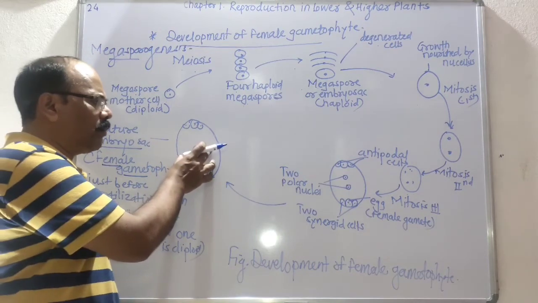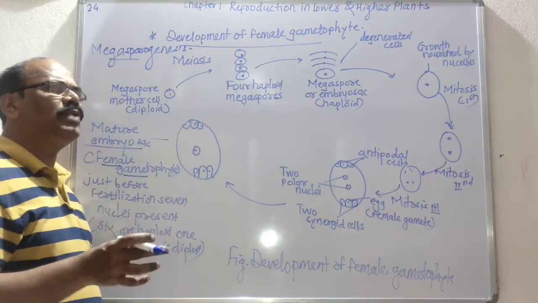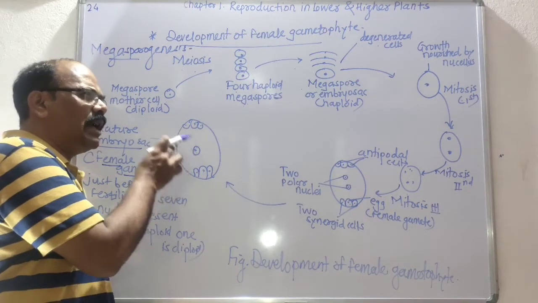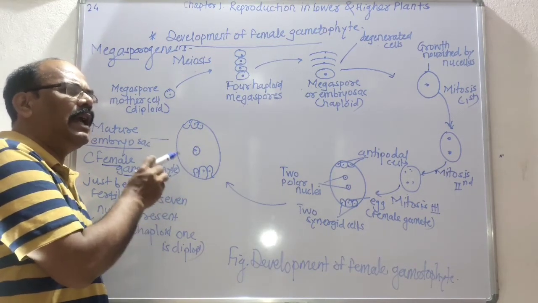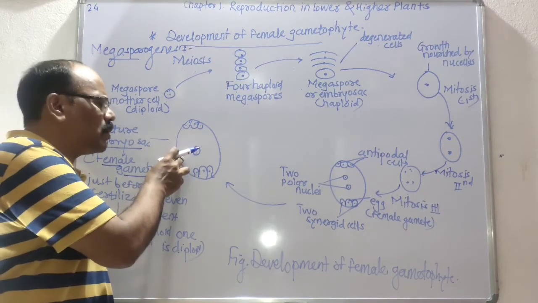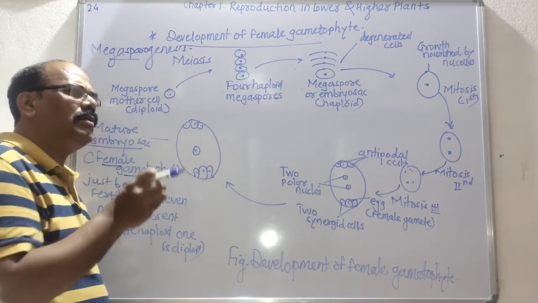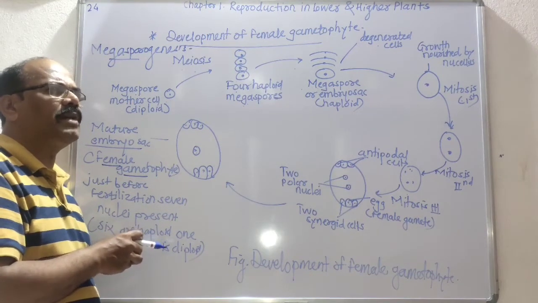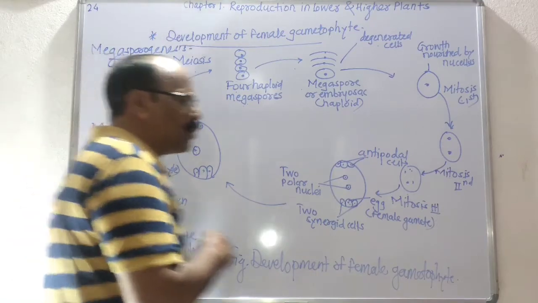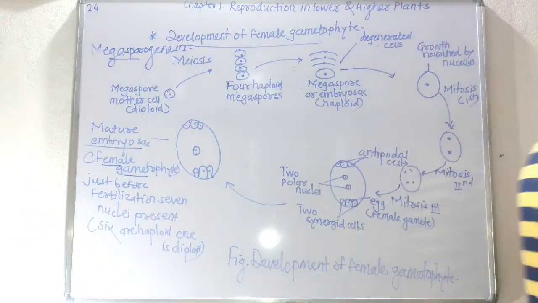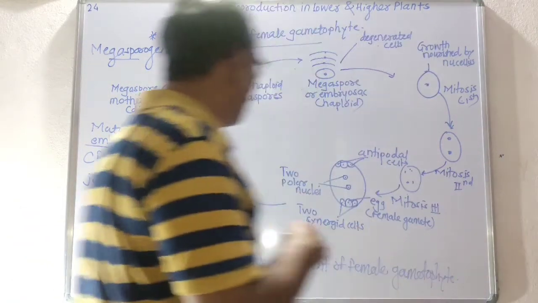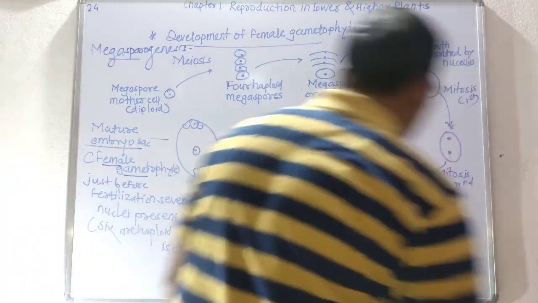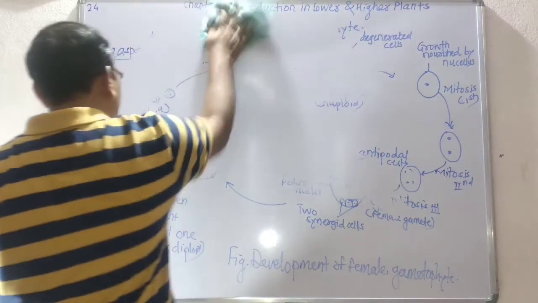And the development of the embryo sac within the nucellus, that means within the megaspore, is endosporic in nature. Then we turn toward the process of pollination.